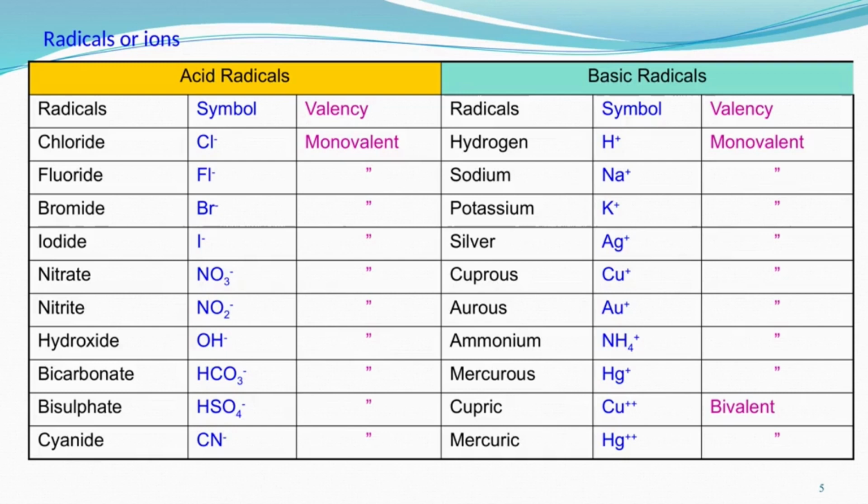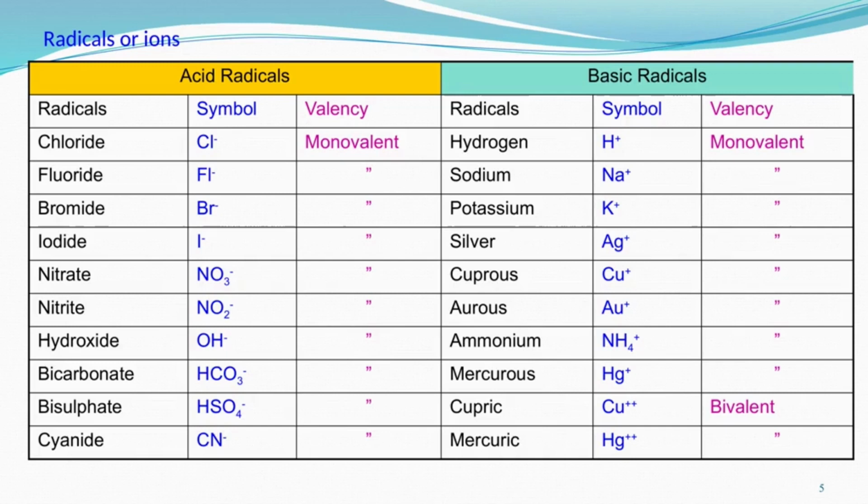So HCO3 minus: if bi is coming, you have to understand that in front of carbonate H will be there, so that is bicarbonate. Similarly sulfate is SO4 2 minus, but in case of bisulfate, H is in front of the sulfate ion, so it is HSO4 minus.